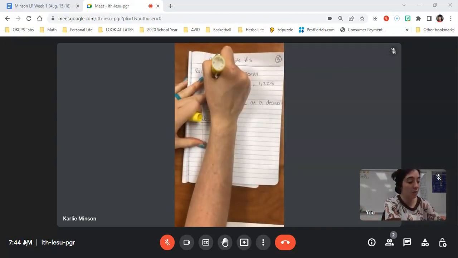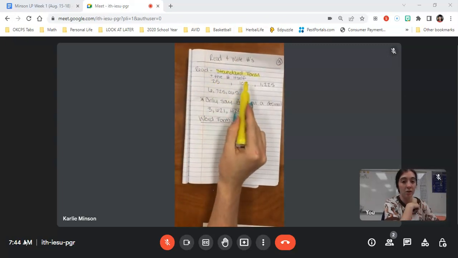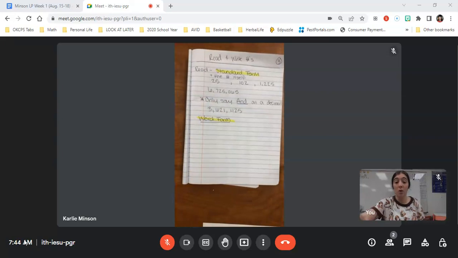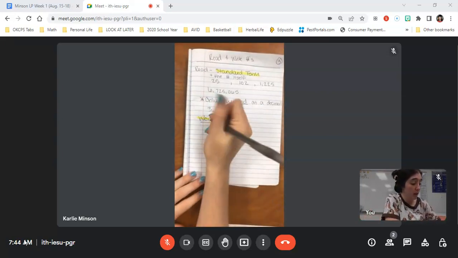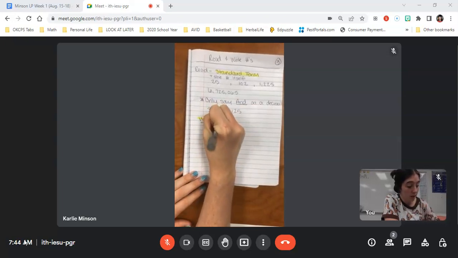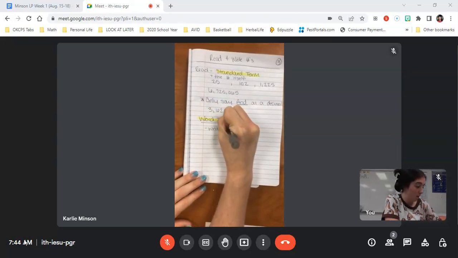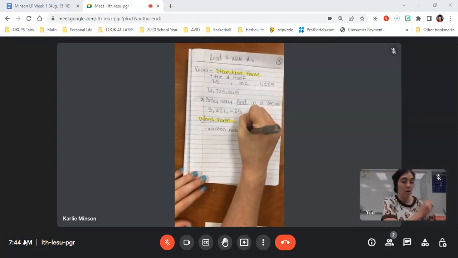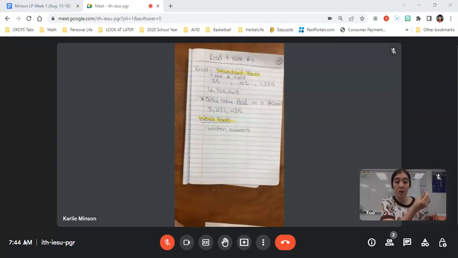So we have standard form, which is the number itself, and now we're looking at word form. So again, word form is written numbers, so the number in words.